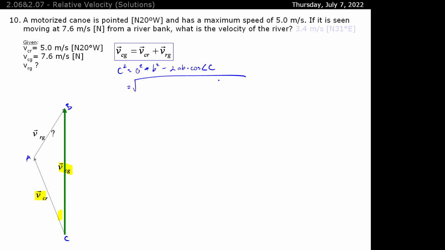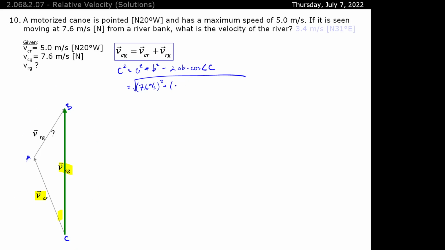That's equal to the root of little a, which is CG, which is 7.6 meters per second squared, plus b squared, which is CR, and that's why you want to draw your diagram, right? Because the diagram allows the reader to follow along and see where you're getting everything from.